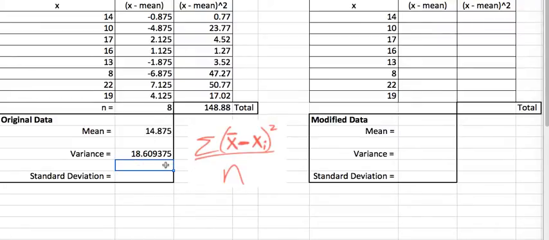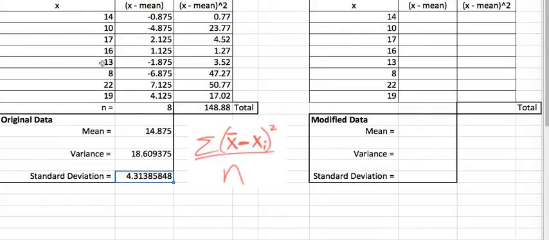Now, as we said before, this by itself is not particularly useful. But remember, to find the standard deviation, which is our average distance from the mean for each score, we're going to take the square root of our variance. Okay, so there we have our standard deviation.